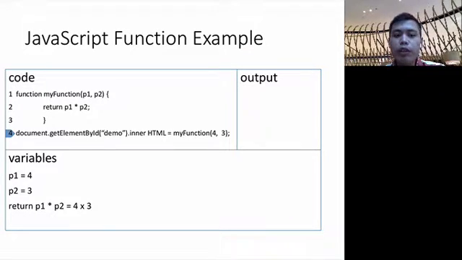Because we're invoking the function, it returns p1 times p2 with the values 4 and 3, so that's 4 times 3, giving the output of 12. This is an example of how a JavaScript function is run with code.